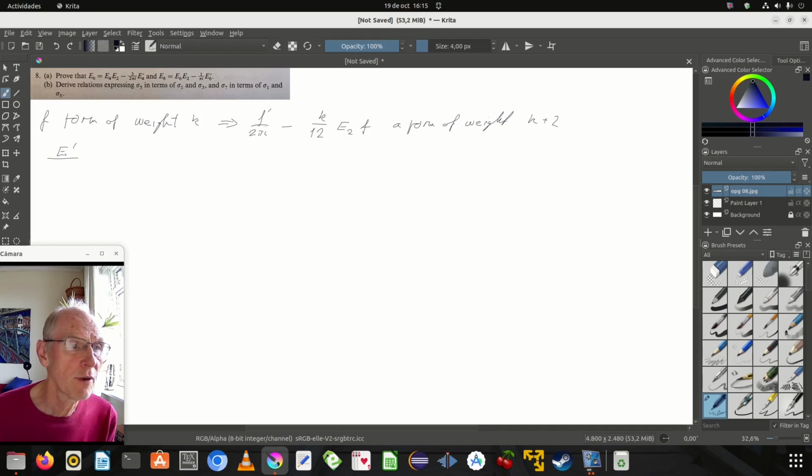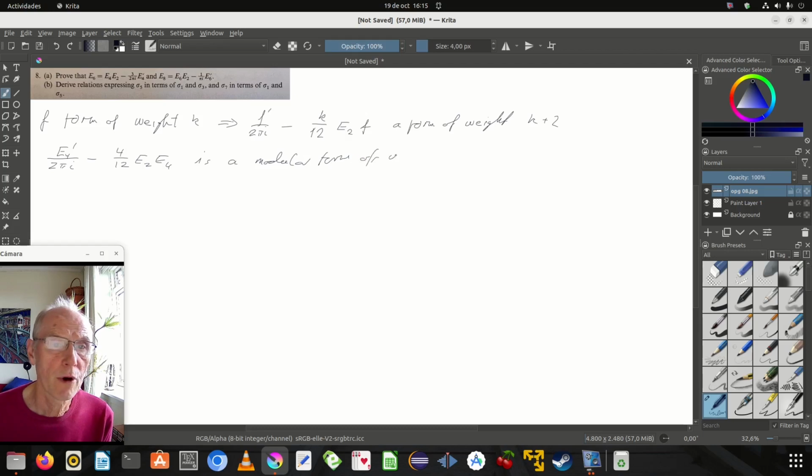And that means that E4, the derivative of E4 divided by 2 pi i, minus 4/12 E2 E4 is a modular form of weight 6.